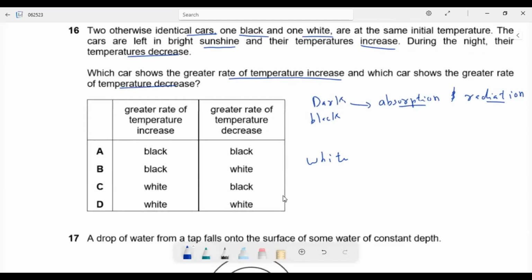White color acts as a good reflector. So the rate of temperature increase and decrease will be more in the case of black. So A is the right answer.